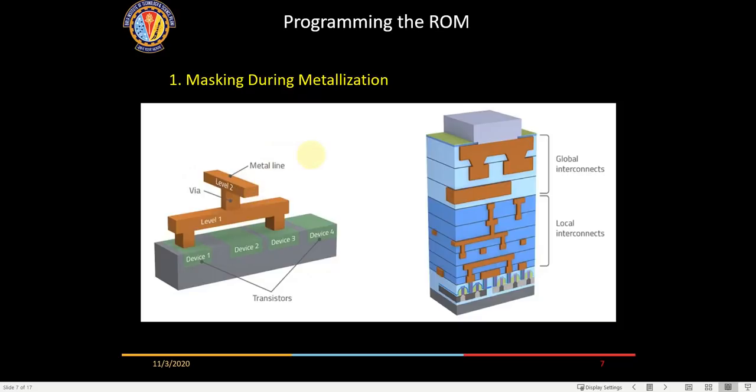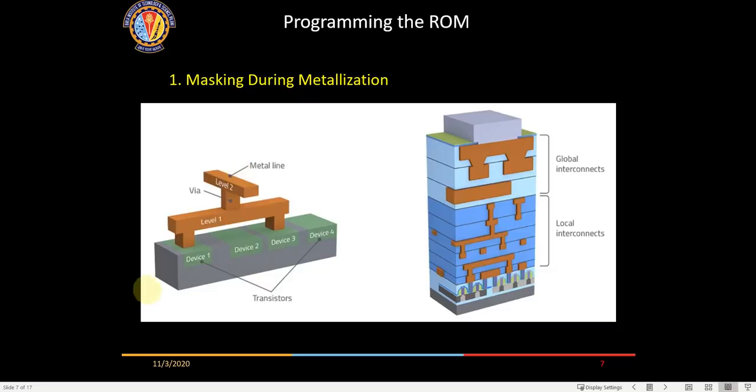The first kinds of ROMs that were made used a mask when the metal lines were being run. You put a mask, and through that mask, wherever required, only there the metal lines are deposited. Similar masks were used to make the ROM too.